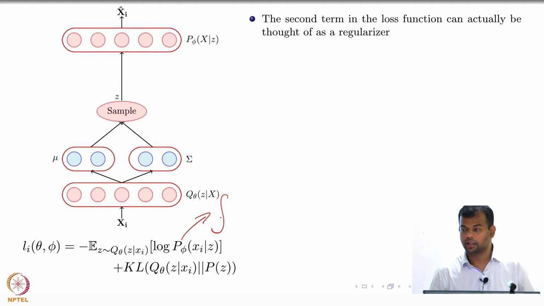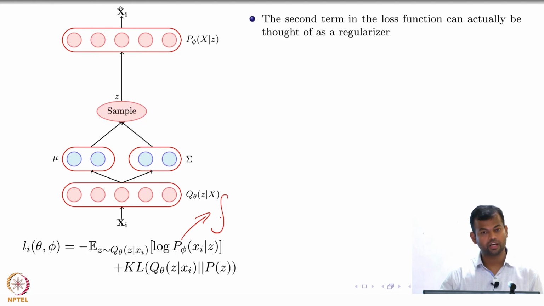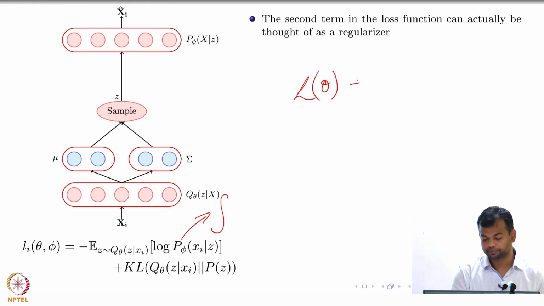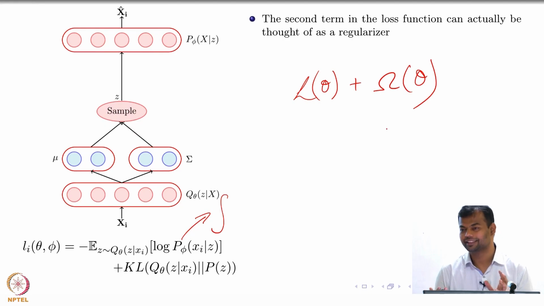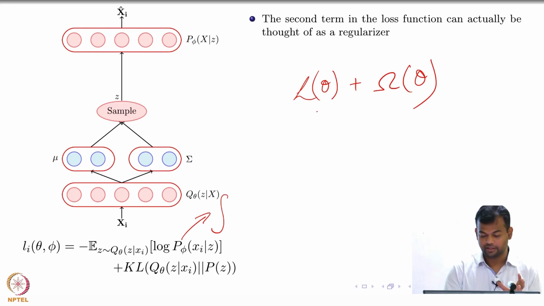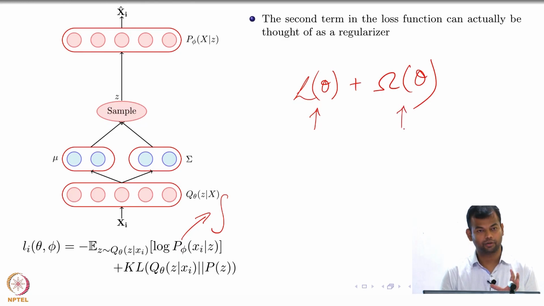Okay. Now the second term actually acts as a regularizer. So remember, this loss function looks eerily similar to something from way back, 5 years back or 10 years back or maybe 2 months back. Remember this form: the loss function over the training data, and you add some regularizer on top of that.